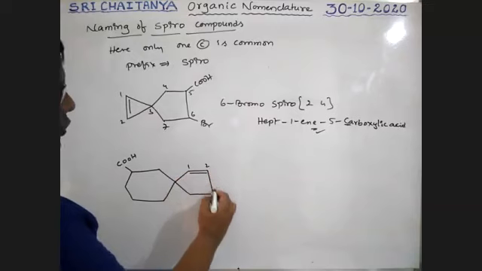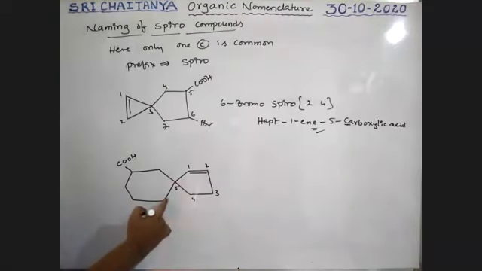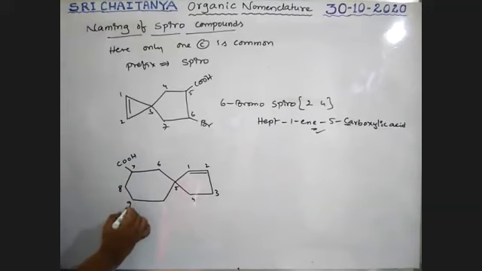Therefore, 1, 2, 3, 4, 5, 6, 7, 8, 9. 7 is the least.